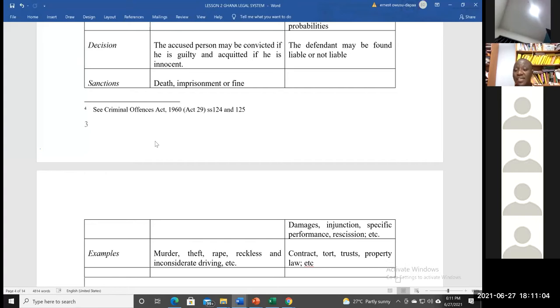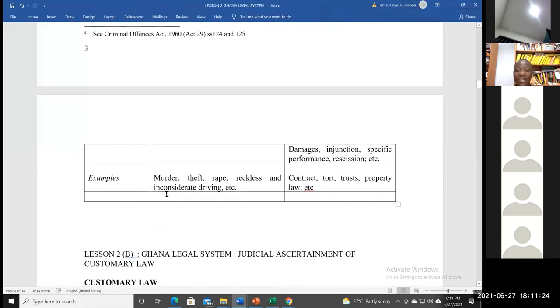But in civil cases, the sanction, or if you like, the remedies that may be awarded at the end are either monetary payment in the form of damages or equitable reliefs, such as injunction, specific performance, rescission, and so on. So let's quickly keep these things in mind.